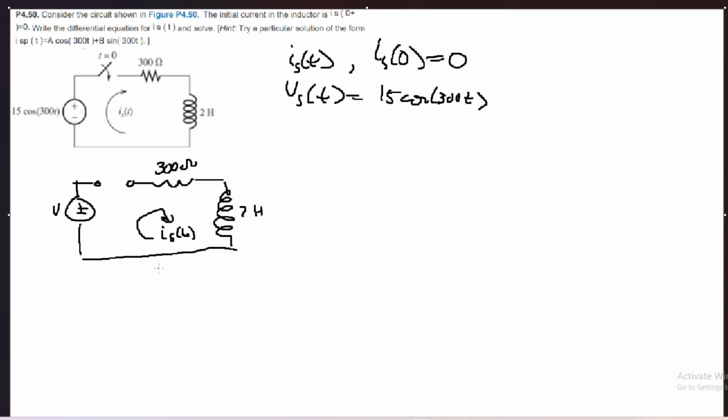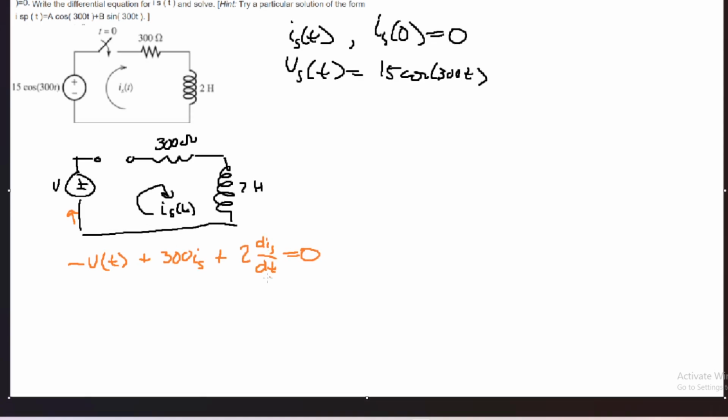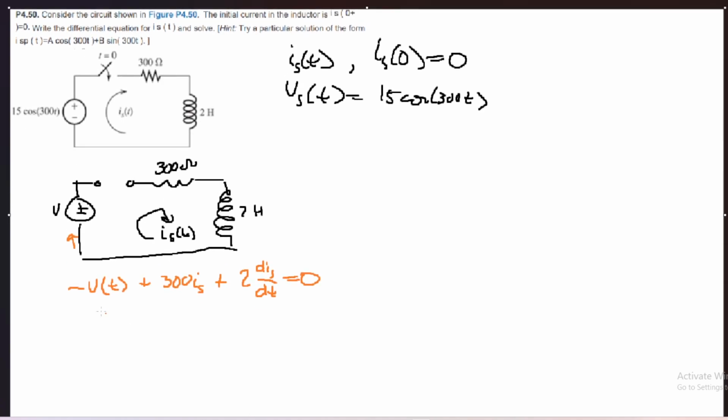So we have a negative V of t, because this is flowing into the negative, plus 300 ohms times the current Is, plus the 2 Henry inductor, which is going to be dis over dt, and this is all equal to 0.